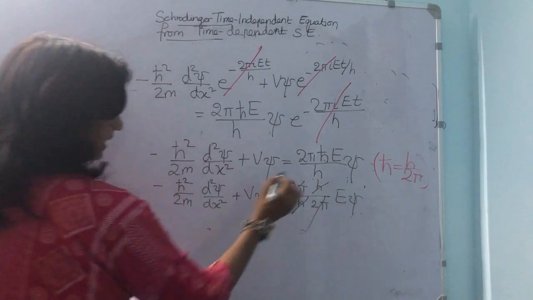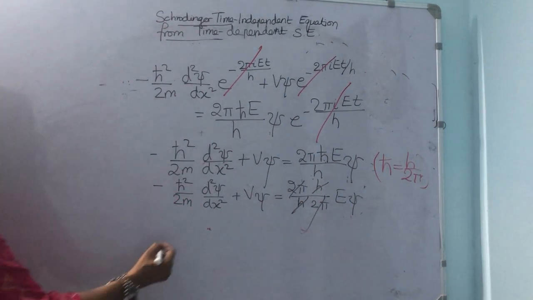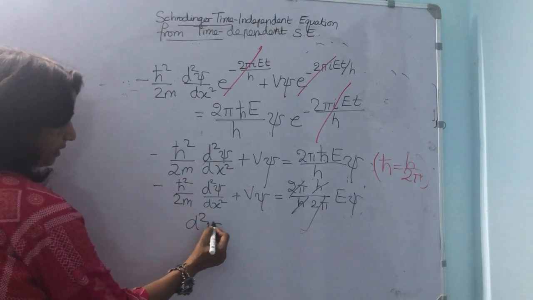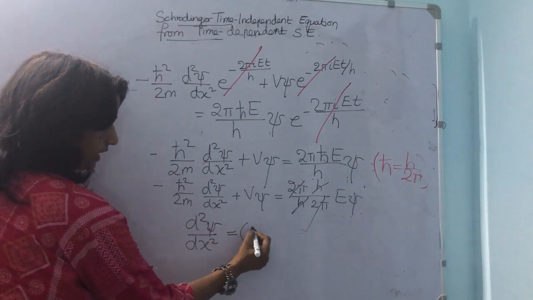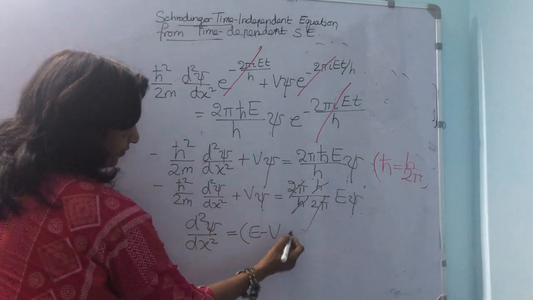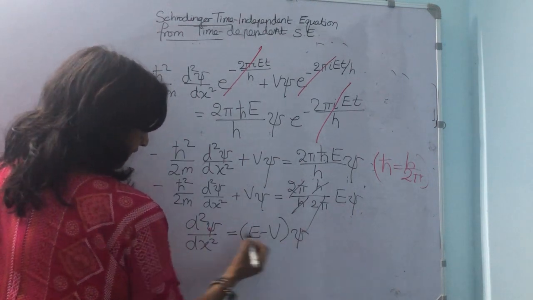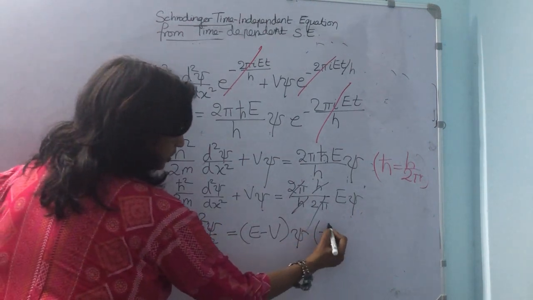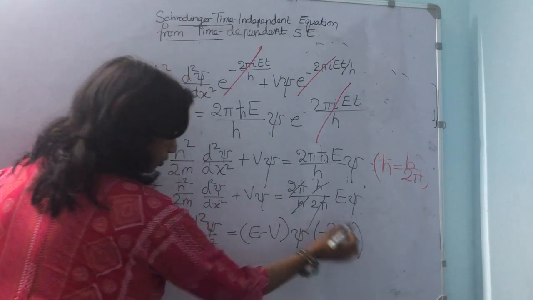This and this get cancelled, and we come to the equation d2 phi by dx2 is equal to minus 2m upon h bar square into (E minus V) phi.